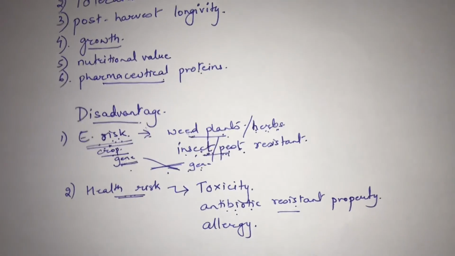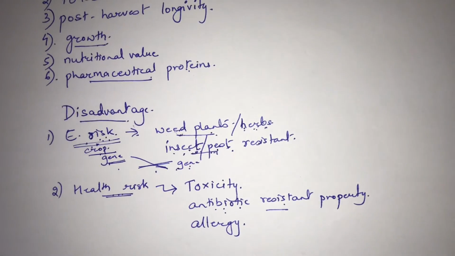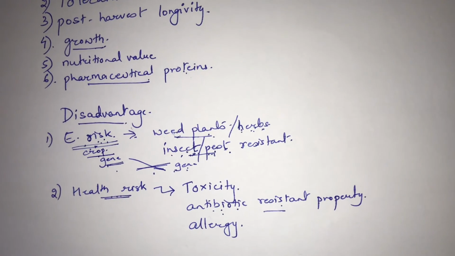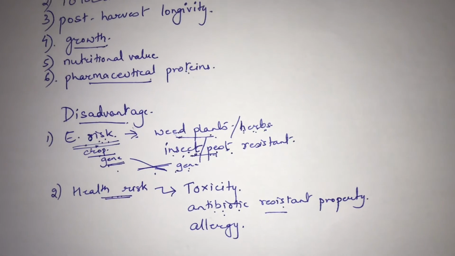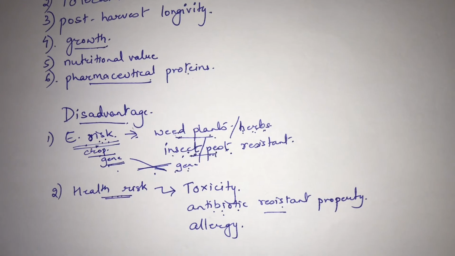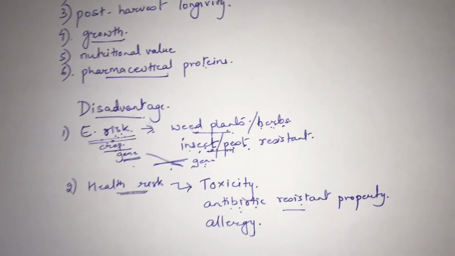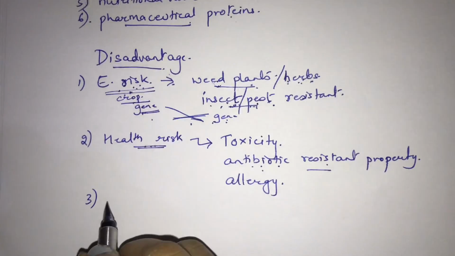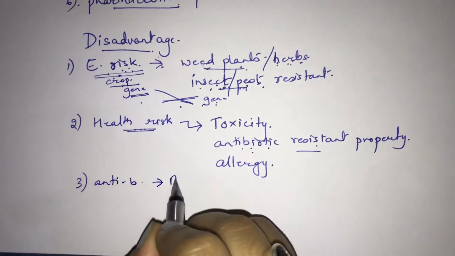Similarly, if the bacteria of a colony take up recombinant DNA with an antibiotic resistant gene, the same antibiotic resistant property will go to the bacteria.